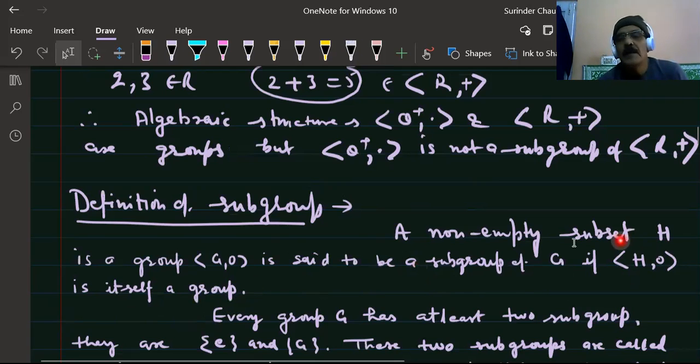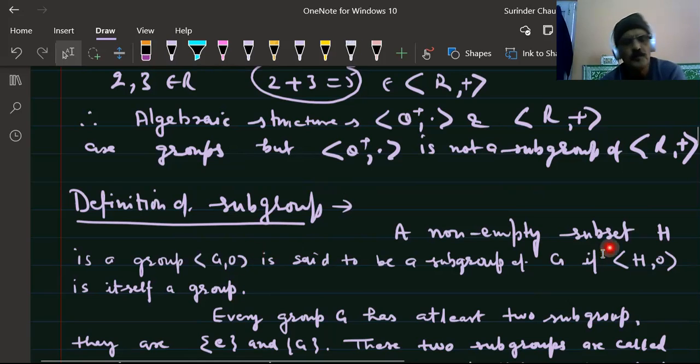H is a subset of G, so all the elements of H are in G, and the binary composition is the same. So this algebraic structure H with the same binary composition must form a group, meaning all four axioms must hold: closure, associativity, identity element, and inverse element. They must exist in H. Then this algebraic structure is called a subgroup of G.